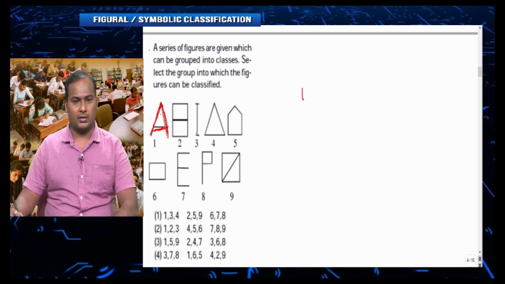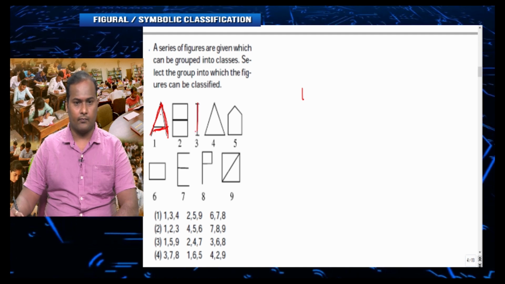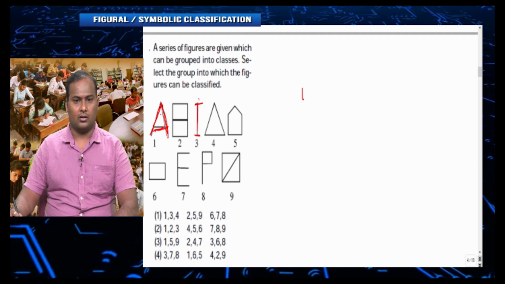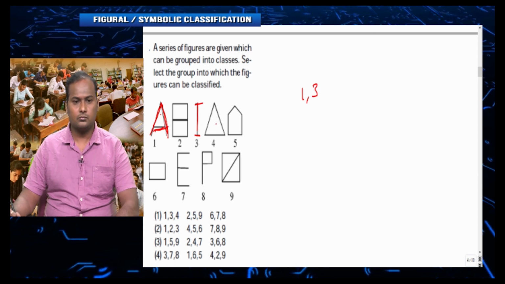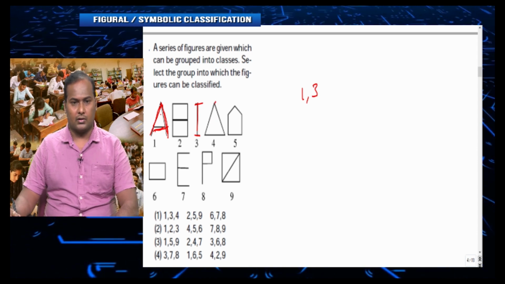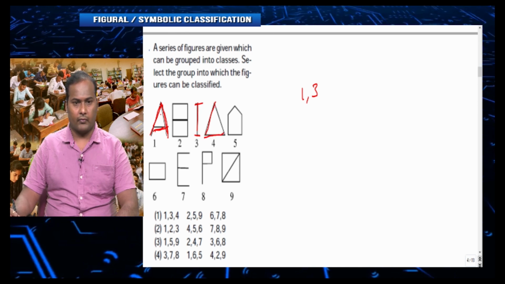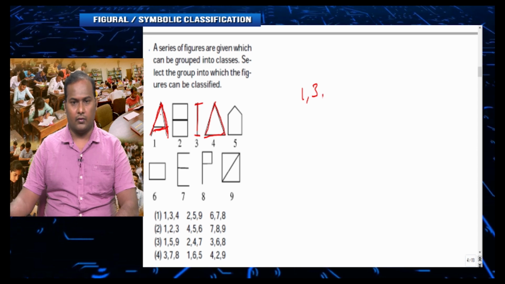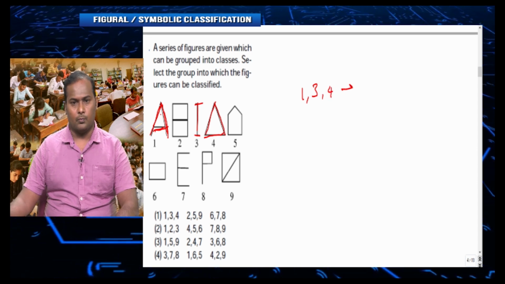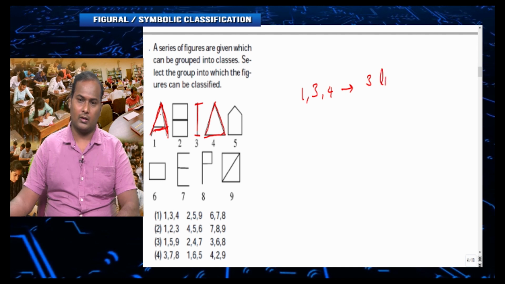Figure 3 also has 3 lines, one, second and third. And the fourth one is also formed with 3 lines, 1, 2 and 3. So obviously 1, 3, 4 will form a group based on the character of 3 lines.